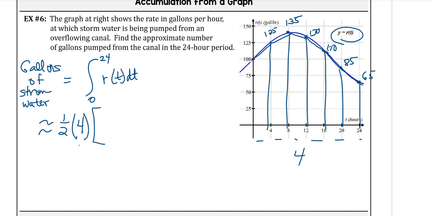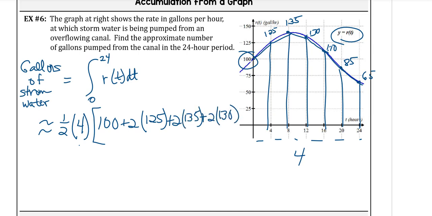So I'm going to have 1/100, where we're starting here at 0, plus 2 times 125, plus 2 times 135, plus 2 times 130, plus 2 times 110, plus 2 times 85, plus 65.